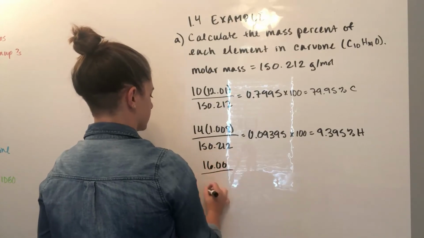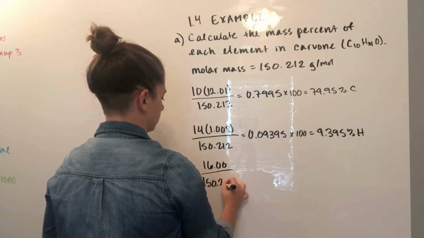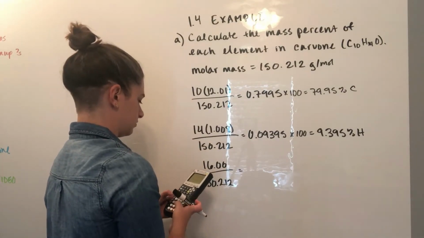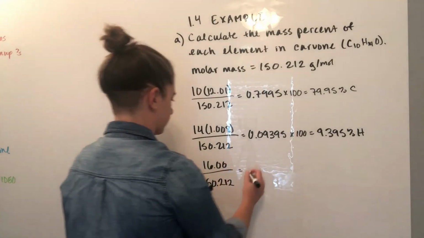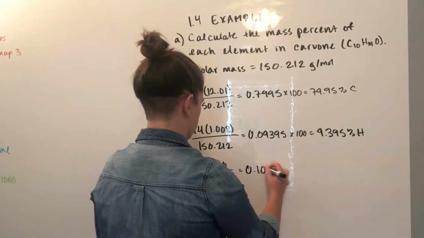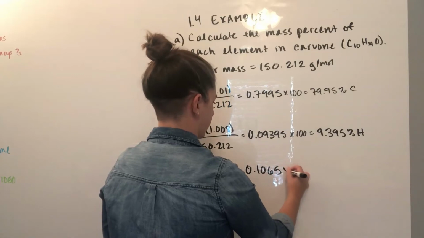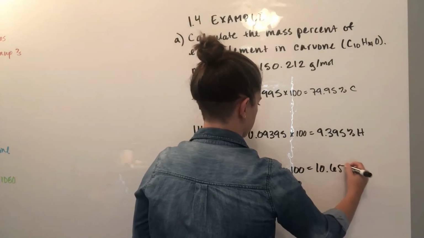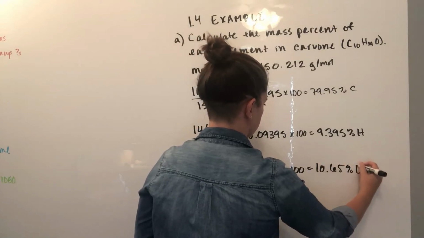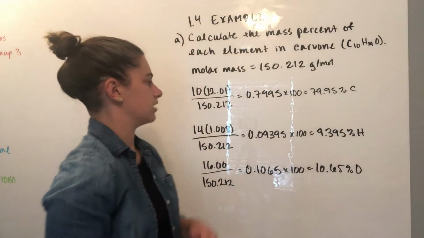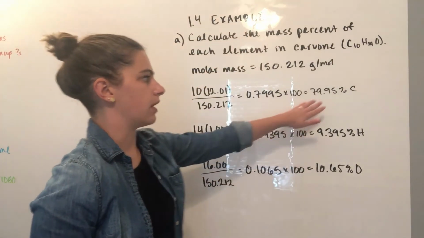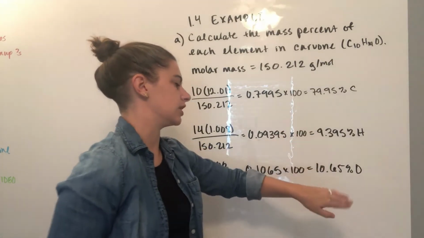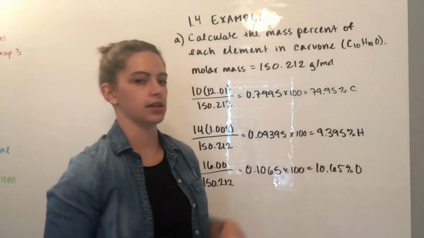Molar mass of oxygen is 16. Four significant figures, so 0.1065 times 100 gets me 10.65% oxygen. Okay, so pure carvone has 79.95% carbon, 9.395% hydrogen, and 10.65% oxygen.